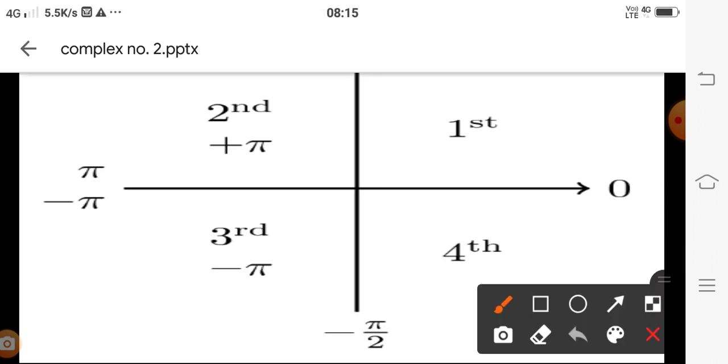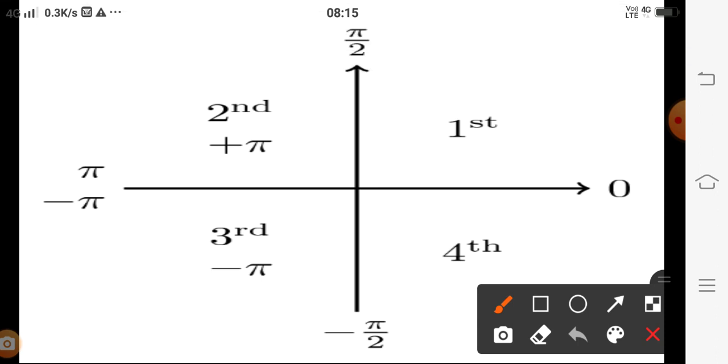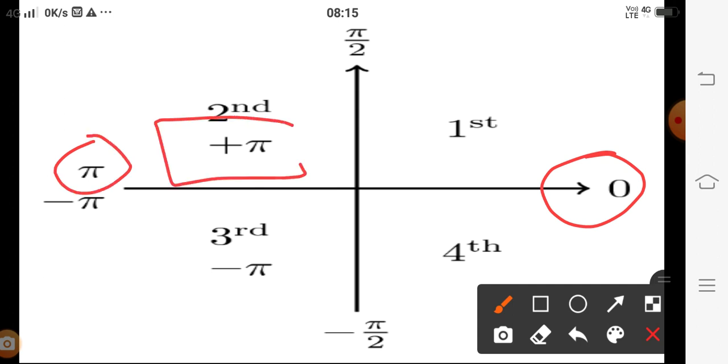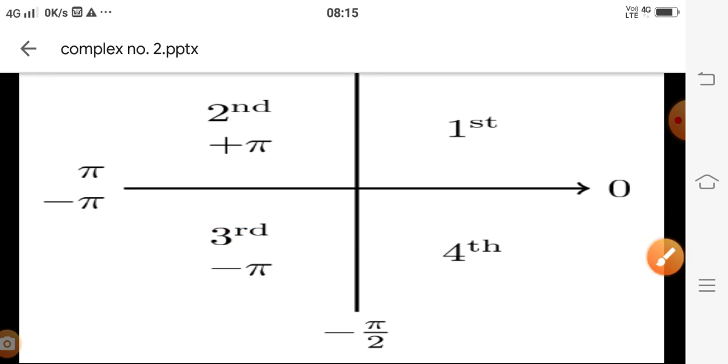If you observe the quadrants as first, second, third, fourth, and the values we take as 0 to pi, in the second quadrant we add pi, in the third quadrant we subtract pi to the given angle that we get by using the concept of tan theta.